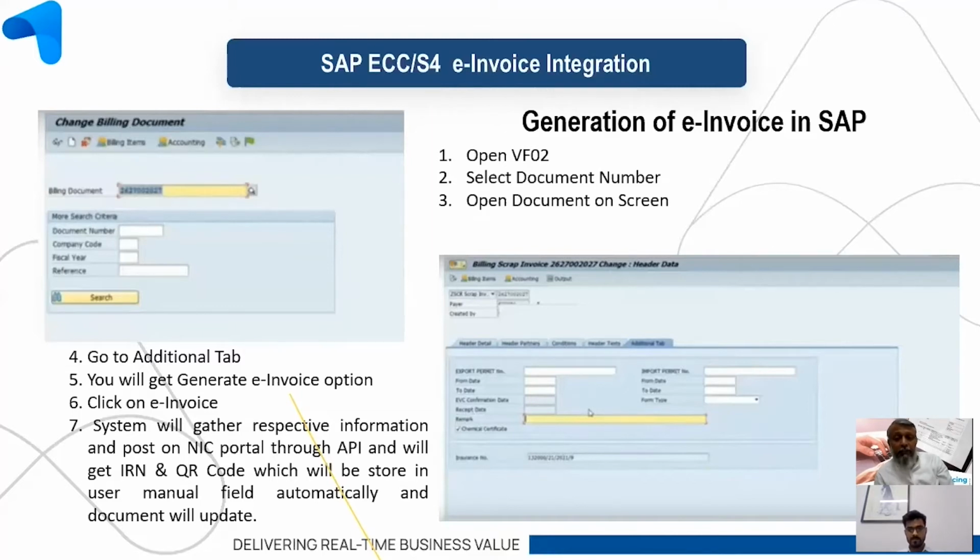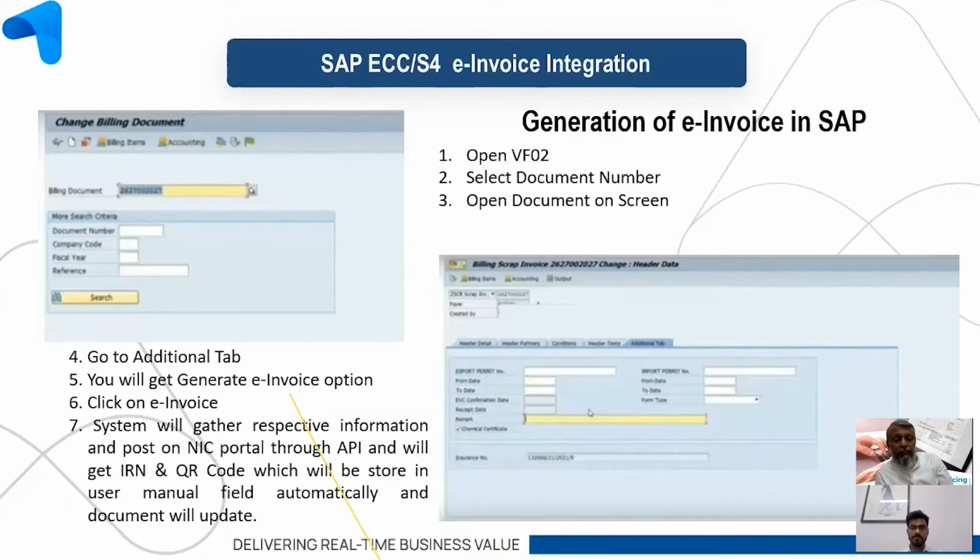Once you click it, it takes all the information like shipper details, buyer GSTN, shipper GSTN, HSN, state codes, quantity and amount, which goes to the portal.